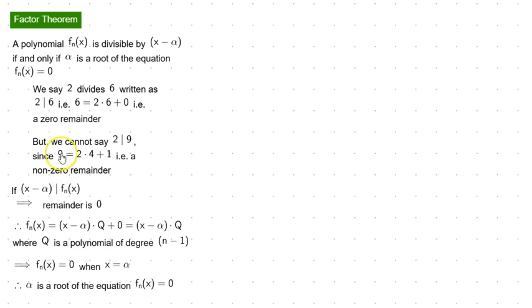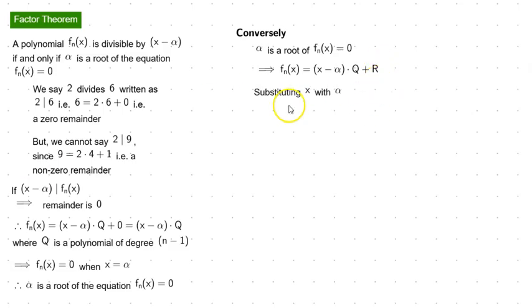Now let's look at the converse of this. So conversely, alpha is a root of fn of x equal to 0. We start with that statement, which implies fn of x is equal to x minus alpha times q plus r, the remainder part.